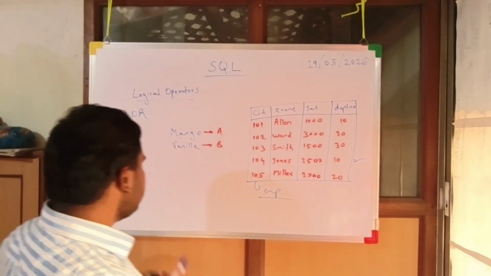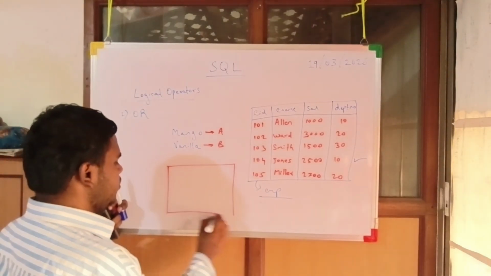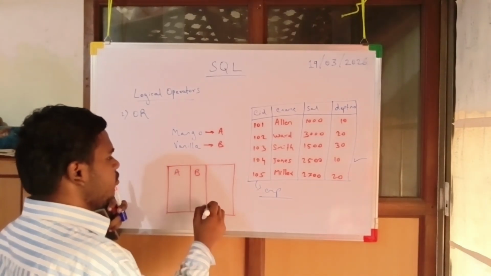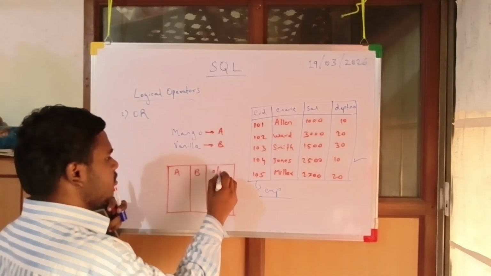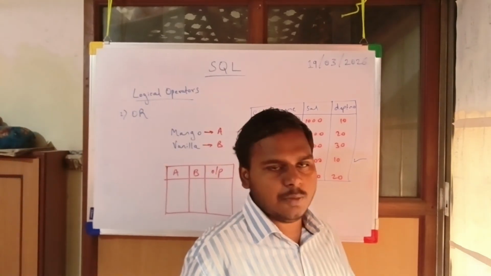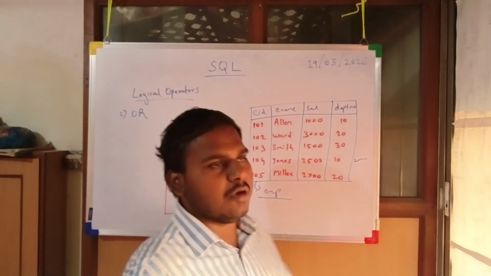Suppose you came after an exam, got very tired, but the paper went good. You have some pocket money also, and you decided to purchase an ice cream and eat it. Output means what? Decision. You will take it or not. You go into the ice cream shop and ask, Bhaiya, what flavors of ice cream do you have?